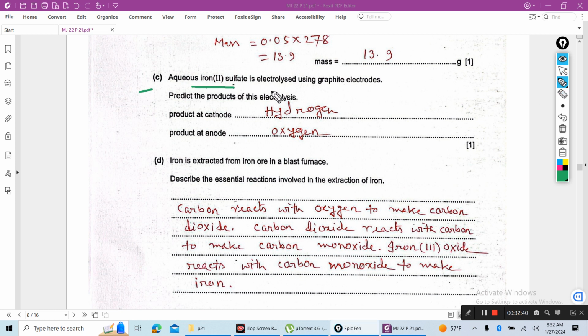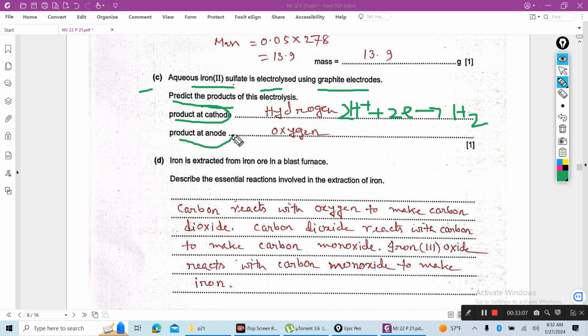Next, aqueous iron 2 sulfate is electrolyzed using graphite electrodes. Predict the products. As it is an aqueous solution, at the cathode hydrogen ions are reduced to form hydrogen gas.